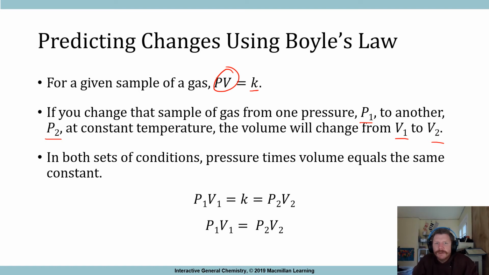In both sets of conditions, our pressure times our volume equals the same constant. So P1 times V1 is equal to K, and K is also equal to P2 times V2. Or we could drop that K factor and say P1 V1 equals P2 V2. The end.